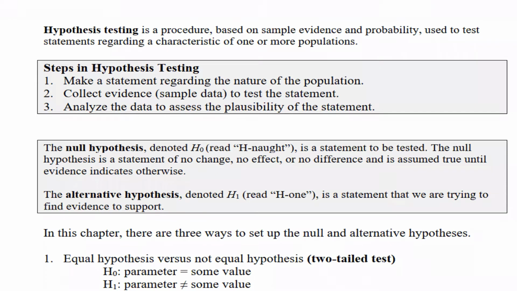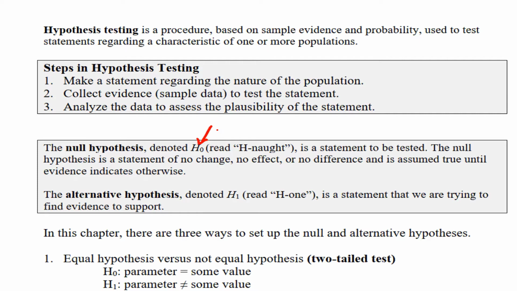And so with hypothesis testing, we're going to have two different statements involved in the process. The first is called the null hypothesis, denoted with an H with a subscript 0. We read that H naught. That is the statement to be tested.